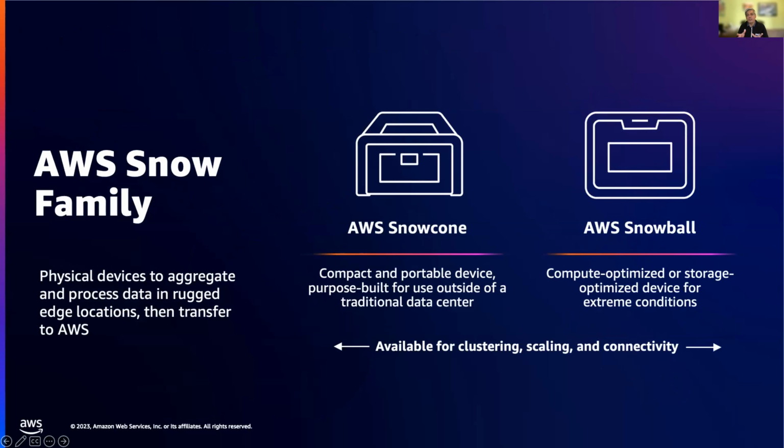Snow Cone is a smaller version of it, which can again be transported where you want. The whole point is that you can store the data, do some local processing, and whenever you have connectivity back to your backend AWS region, just transfer that data back into your main cloud environment.